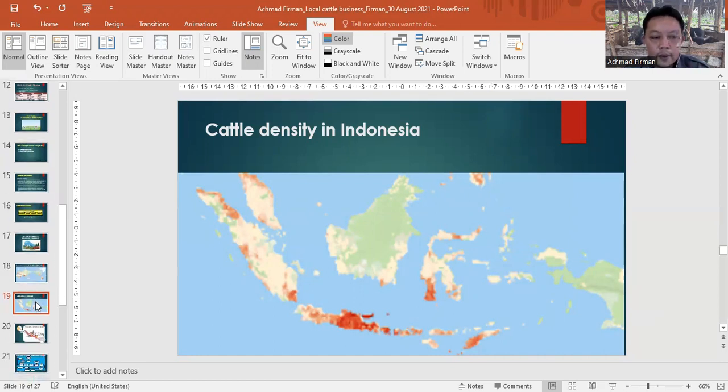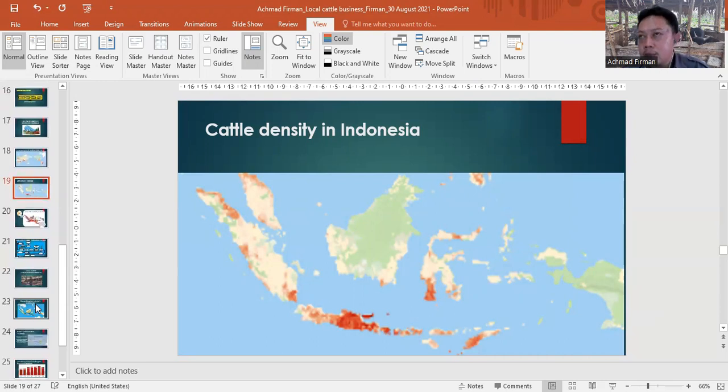So it is a huge economy. Indonesia spends a lot of money on these commodities. So this is a good economy for import, and of course for meat consumers.